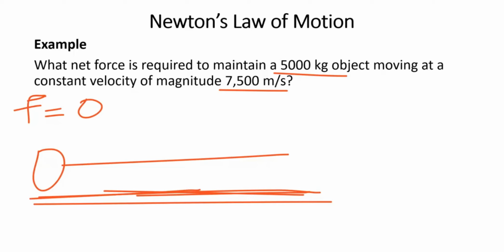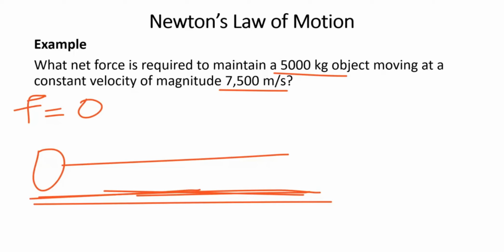There's no net force applied to this question. So just for a summary, if an object is experiencing zero acceleration, that is, the velocity is not increasing or decreasing, then the object is experiencing zero net force.